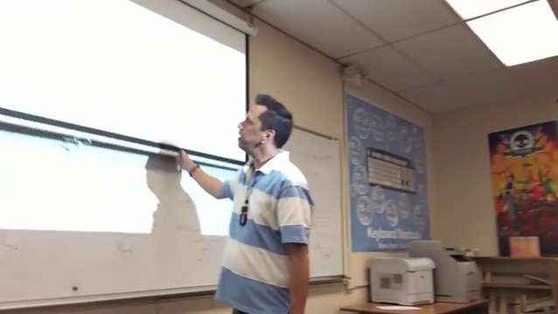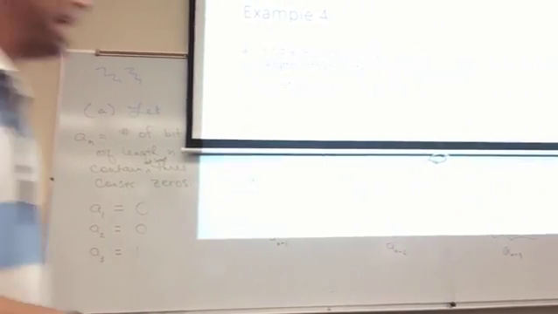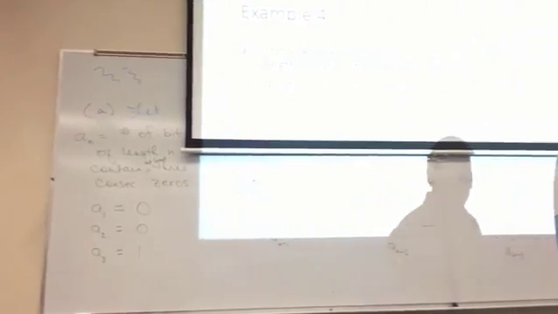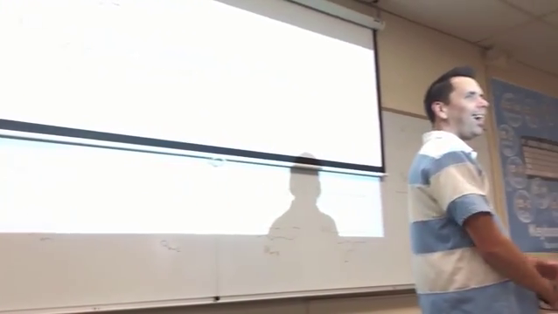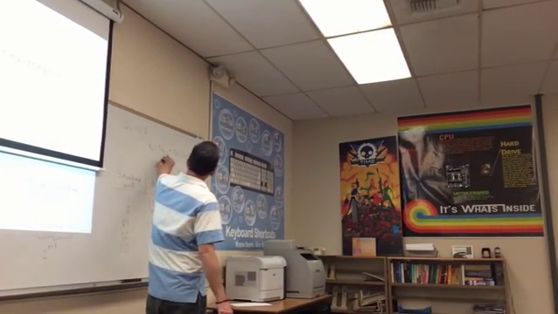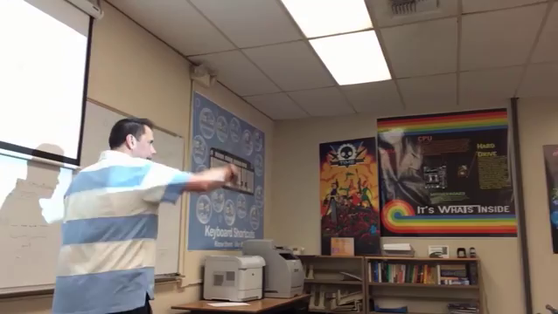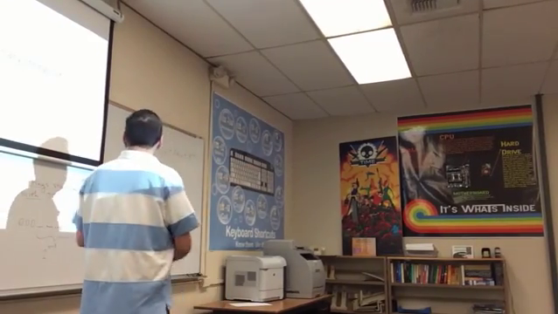So the next question is initial conditions. How many initial conditions do you think I need? I only need 2 this time, because this recurrence relation uses the last 2 values. So as long as I start with 2 given, I can calculate all the rest of the ones I want.